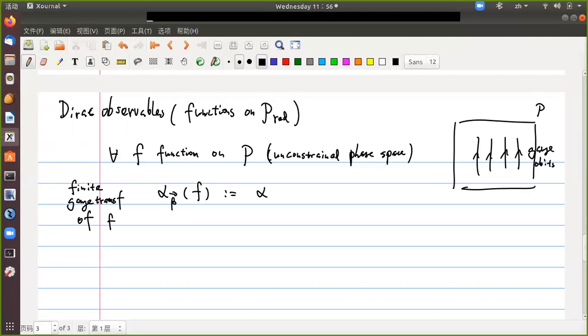They are diffeomorphisms on the phase space. So when you have a diffeomorphism, you just pull back the function. It's just a pullback map acting on the function, generated by the diffeomorphism groups.